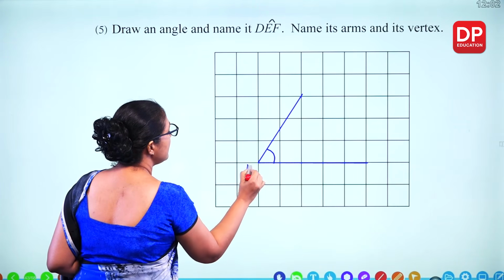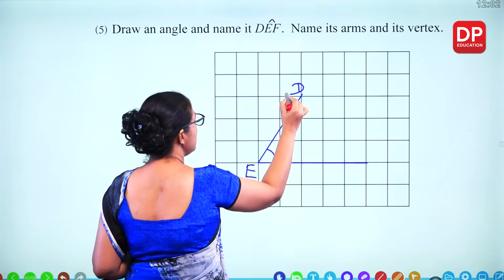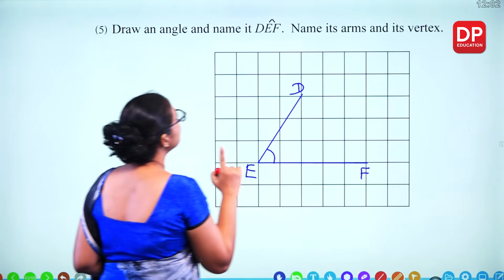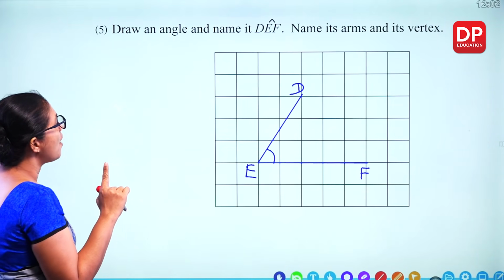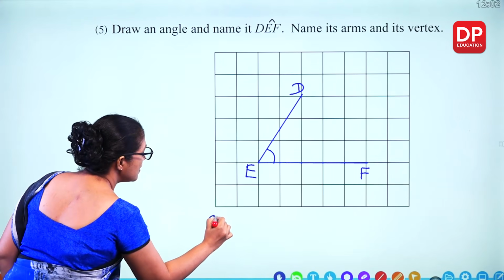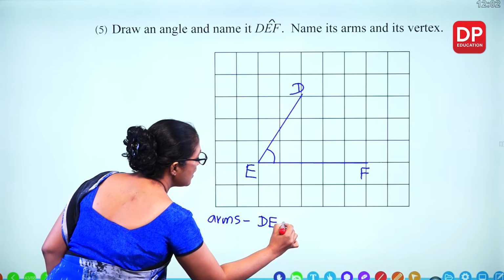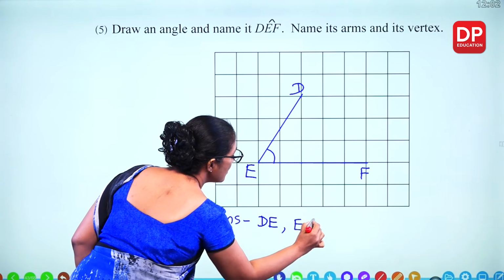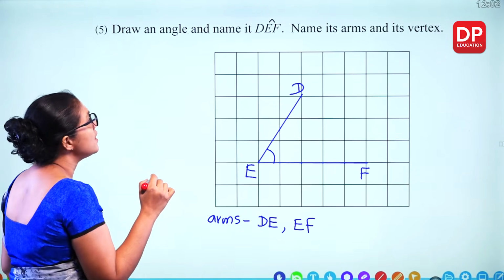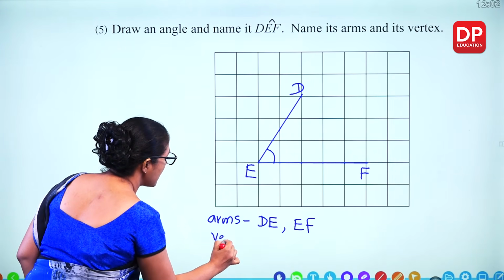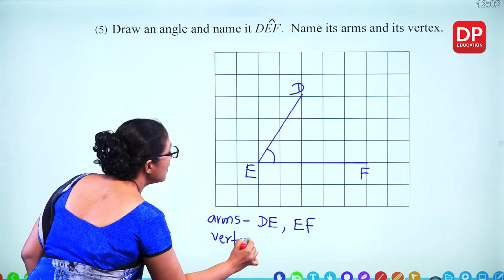E is the angle here. Arms are DE and EF. Name its arms. So what are the arms? Arms are DE and EF. And what's the vertex? Vertex is E.